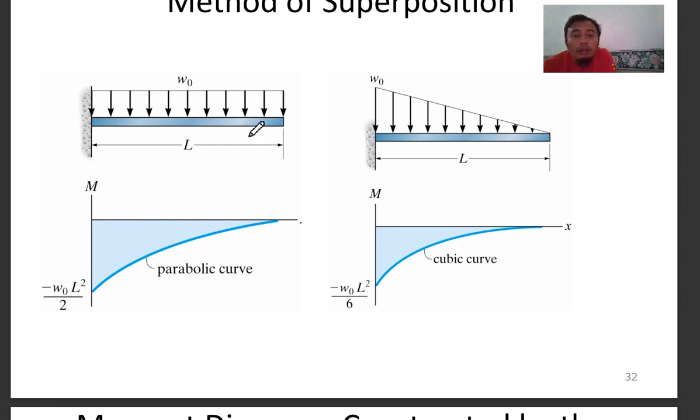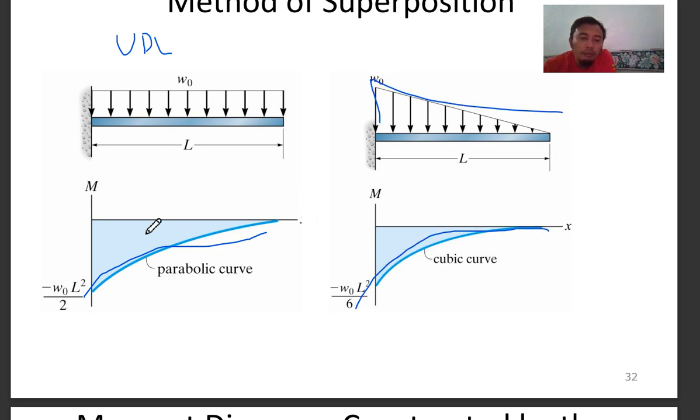In another example, if you have a UDL, a uniformly distributed load, your curve will be a parabolic curve. If it is a triangular load, it will be a cubic curve. In principle, it is a reducing moment that we are seeing here.